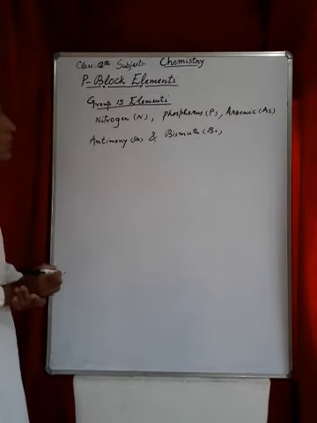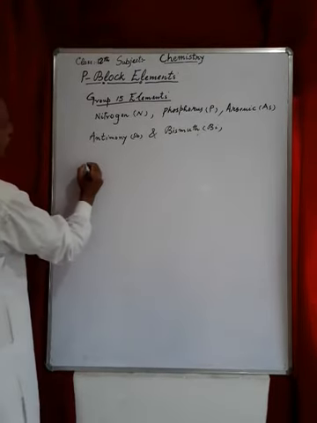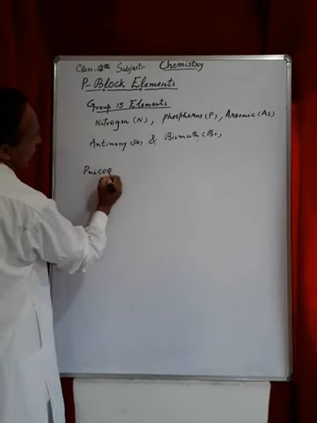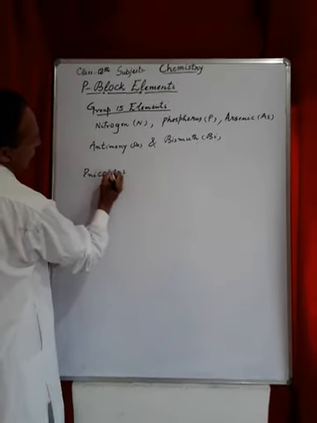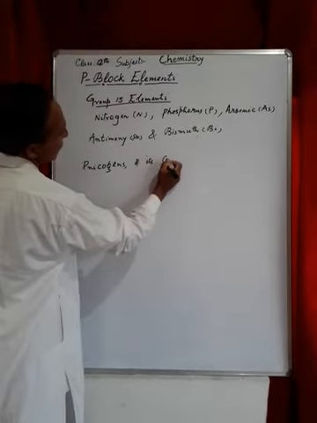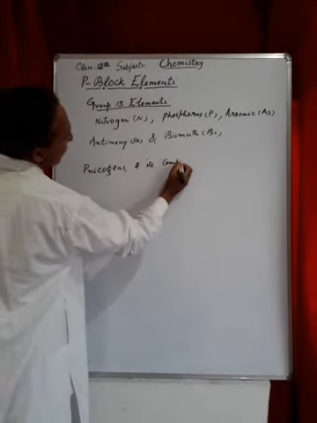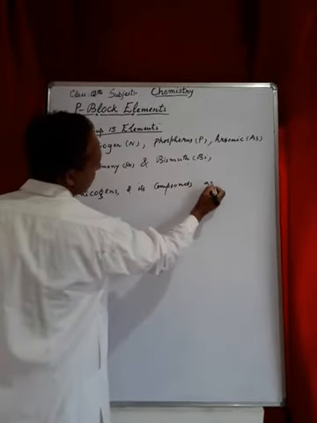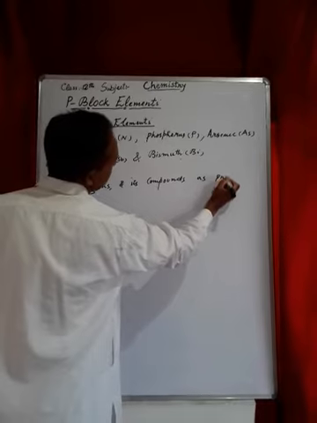Collectively, these elements are called pnicogens, and their compounds pnictides.